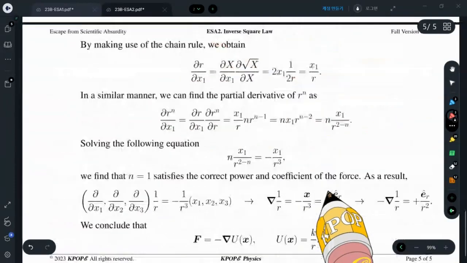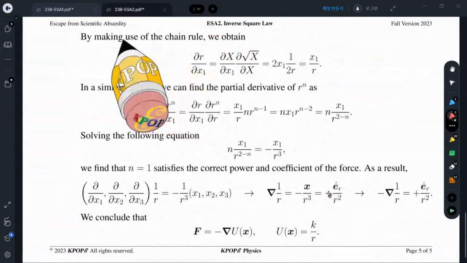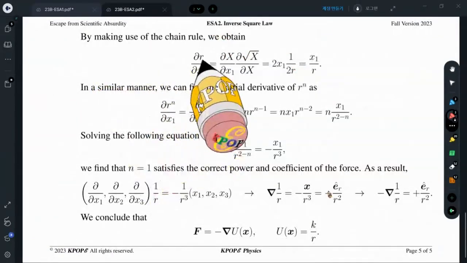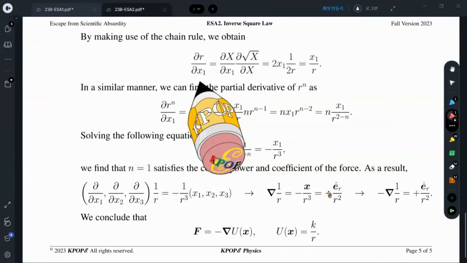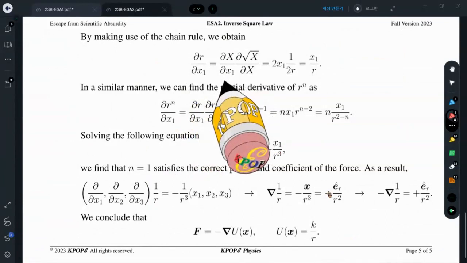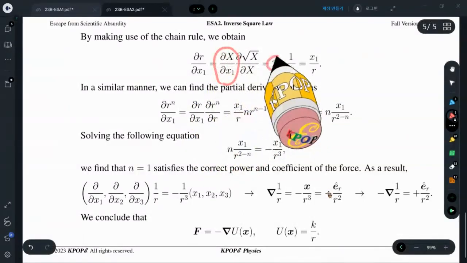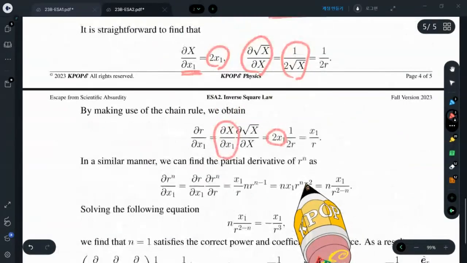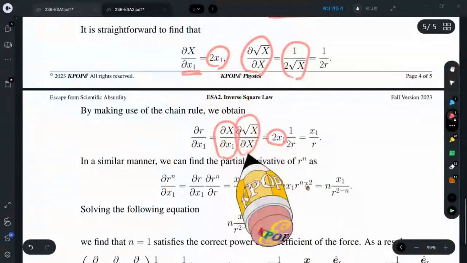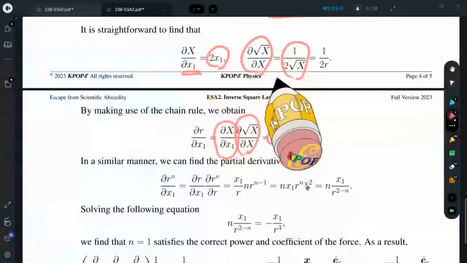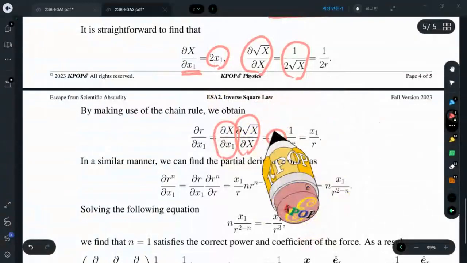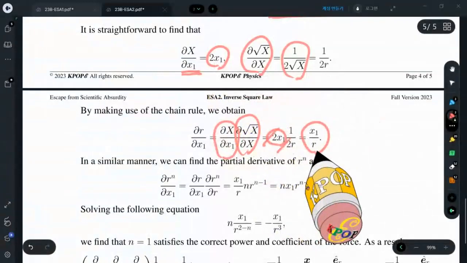All right, we are ready to find a final solution. R's derivative with respect to x1 is just like what we have done on the previous page. This one is 2x1, and this one is 1 over 2 square root X, and that 2 square root X is 2r, so the 2 cancels: x1 over r.